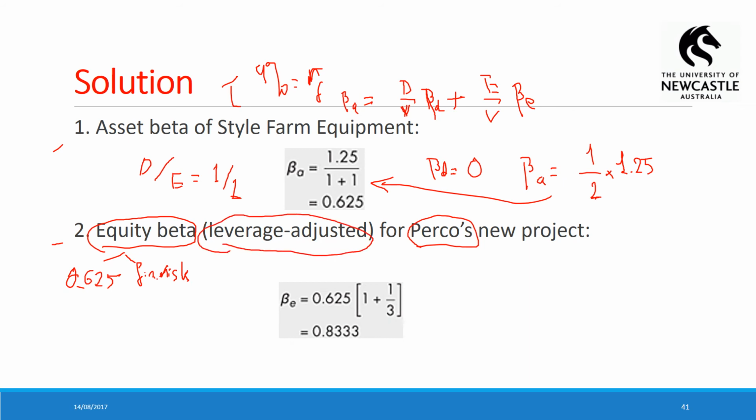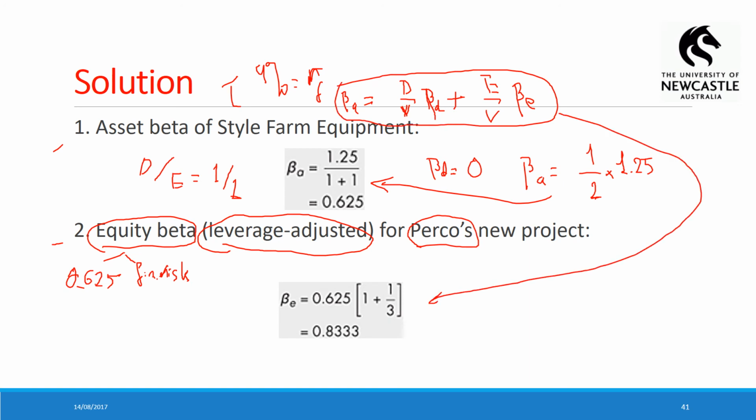So how do we adjust for leverage here? From this equation over here, what we know is that firstly, beta D, or the debt beta, is again 0. Secondly, beta asset is obtained from step 1, so that's 0.625.